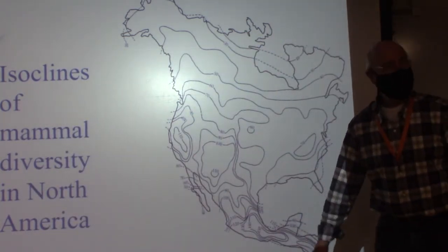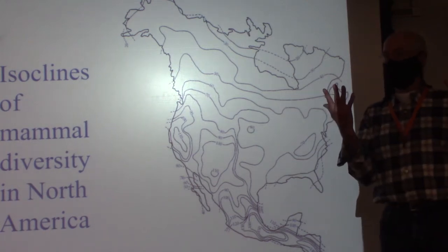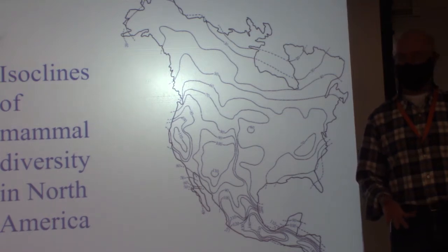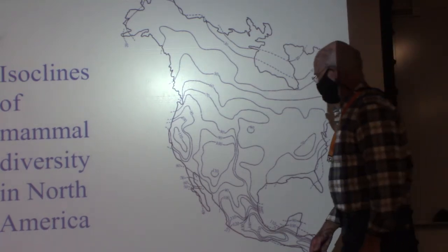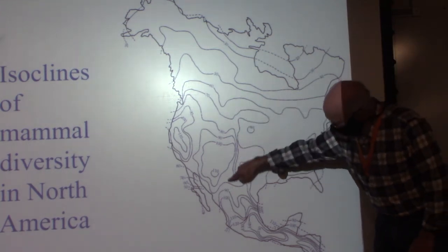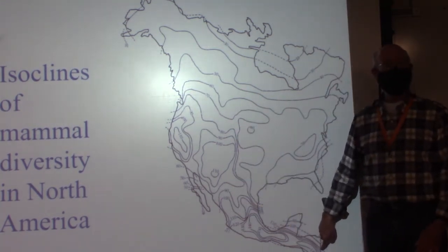So the diversity of mammals goes up dramatically. So mountains are associated with higher mammal diversity. And as you go into the tropics, the diversity increases as well.